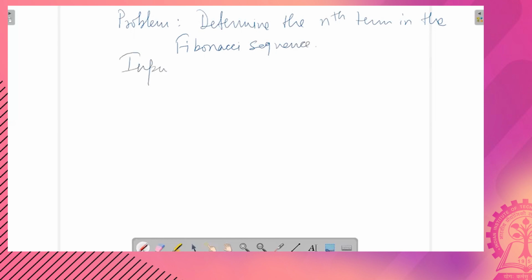Input is a non-negative integer n. Mark the term non-negative. This means it could be 0 or more.